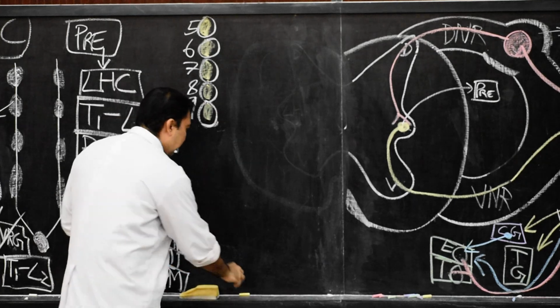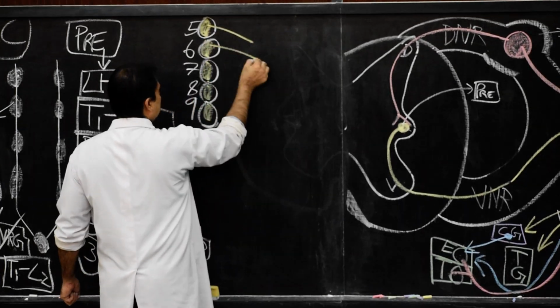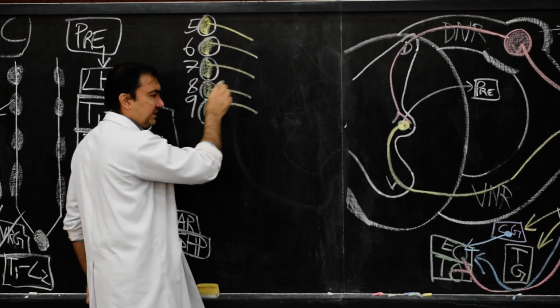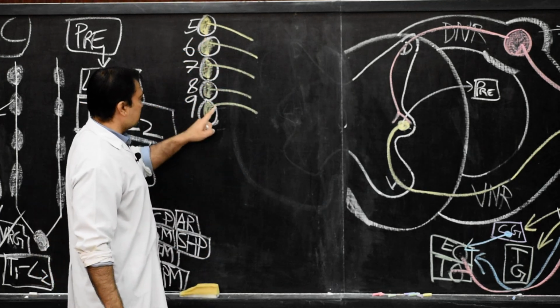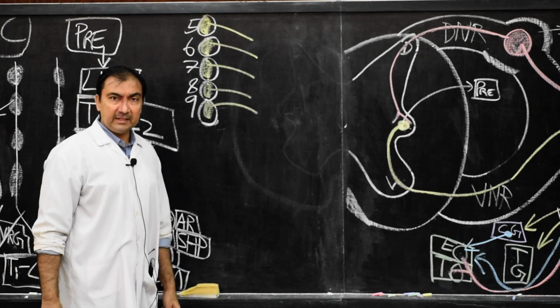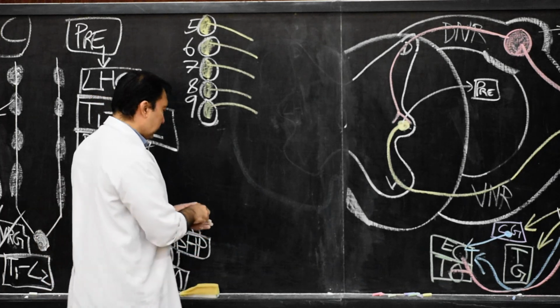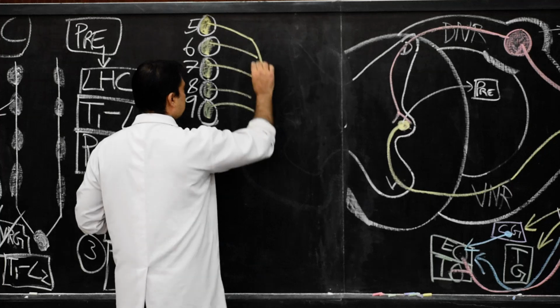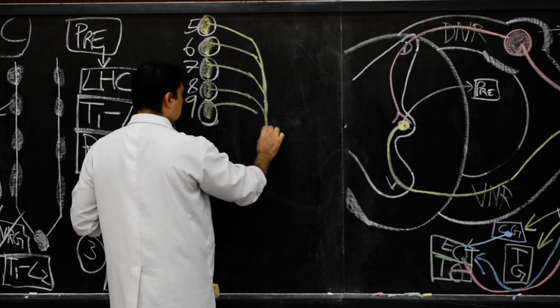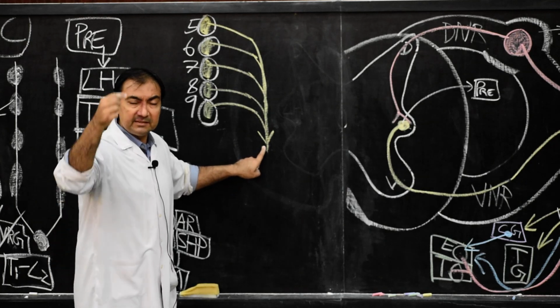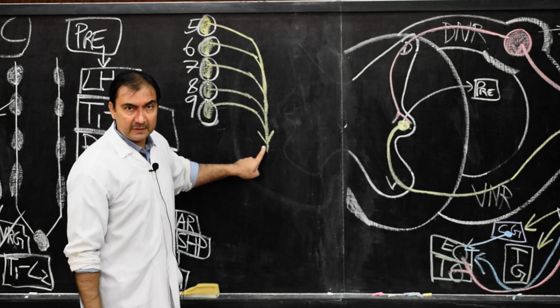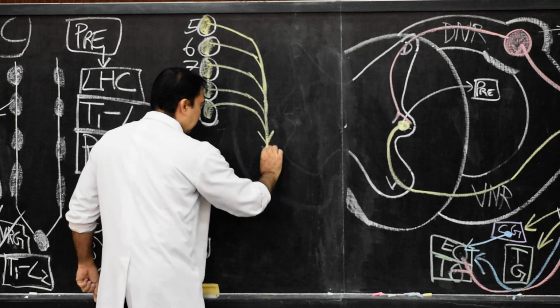From here, the medial branches of all these thoracic 5th to 9th sympathetic ganglia or lateral ganglia, they will fuse with each other. These branches will fuse with each other, and they will pierce the crus of the diaphragm, and they will relay.